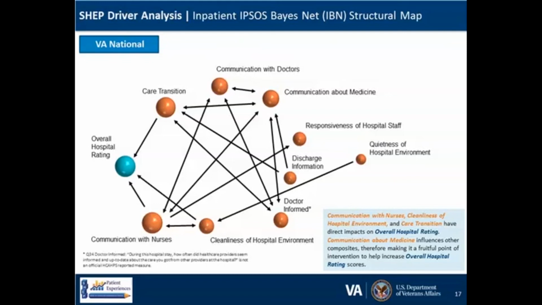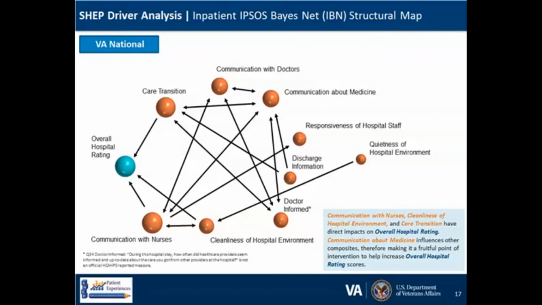So the bigger the node, the bigger the marble, the more influence it has at improving that overall hospital rating. And you can see communication with nurses, down at the bottom left-hand corner of the screen, is the biggest node. So that does have the most influence on improving the overall hospital rating, followed by care transition, which is in the upper left-hand corner of the slide.